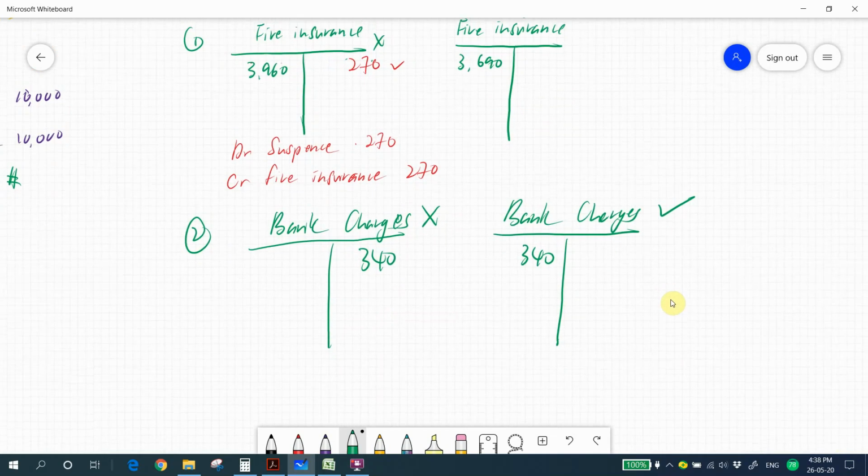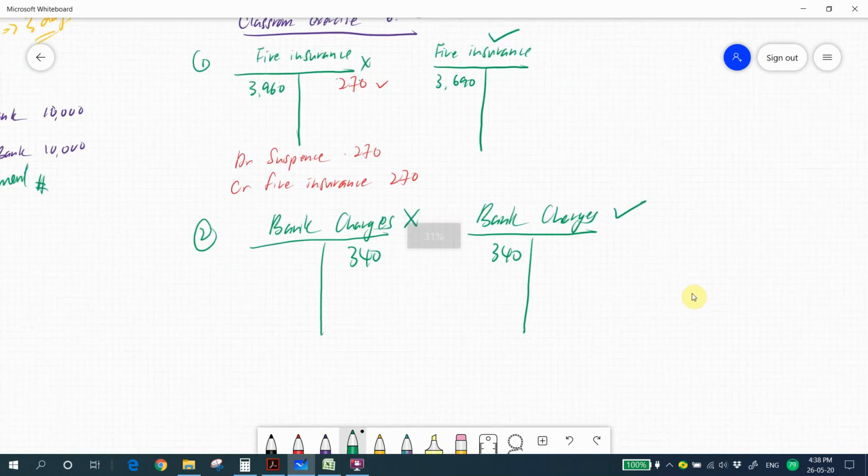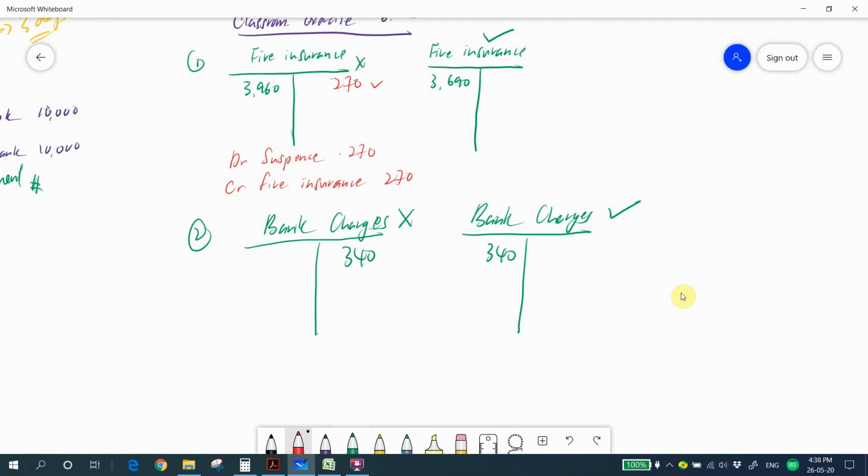So how to rectify this issue? In order to rectify this issue, you should double the amount on the debit side so that we can change from a credit balance to a debit balance. So this 680 we split into two portions.